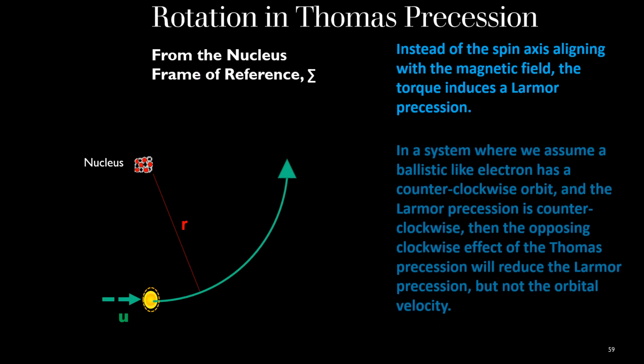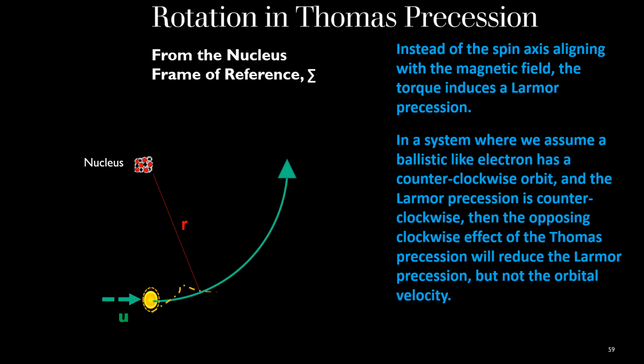In a system where we've assumed a ballistic-like electron has a counterclockwise orbit with a counterclockwise Larmor precession, the opposing clockwise effect of the Thomas precession will reduce or counter the Larmor precession, but will not affect the orbital velocity. However, the total energy of the system would be affected by these relativistic effects.